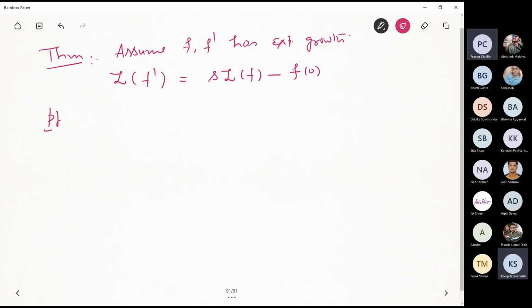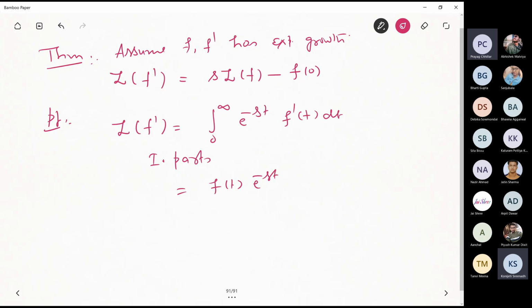Even the proof of this is not difficult. Write L of f prime. From the definition, this is the integral from 0 to infinity of e^(-st) f'(t) dt. Apply integration by parts. I get f(t) e^(-st) from 0 to infinity, minus the integral of f(t) times the derivative of e^(-st).